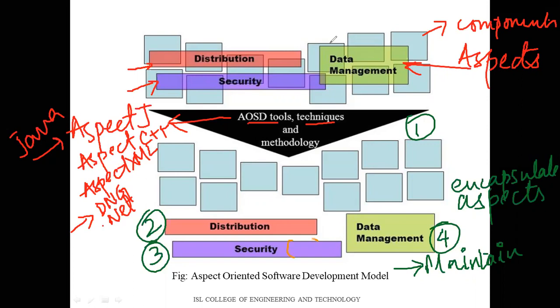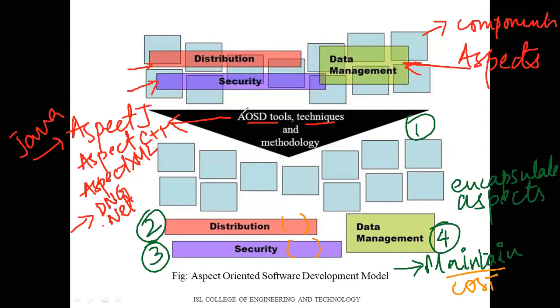So you need to make changes within this security component. Or if you want to add a particular department in the distribution of data, you can make changes within this particular component. So this becomes easy for maintenance. As it becomes easy for maintenance, it is going to reduce the maintenance cost.